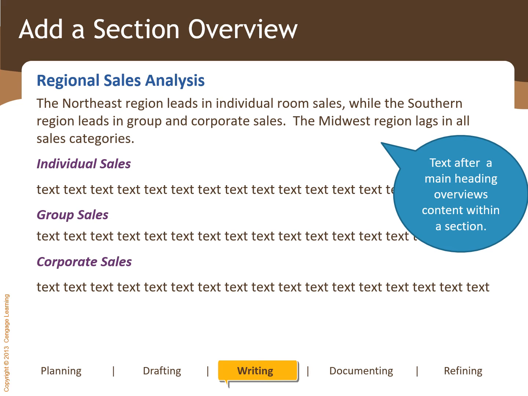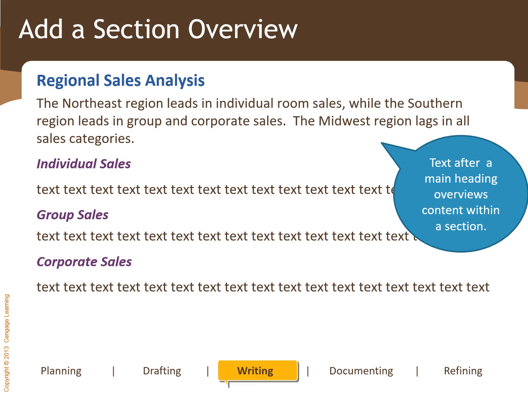Sometimes it is helpful to add a section overview. What do we mean by a section overview? It's basically when a section is a little too long, or when a section contains a lot of subheadings.